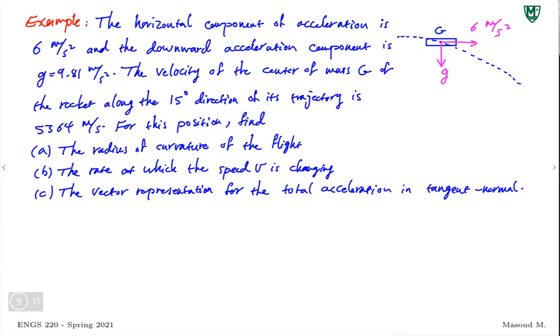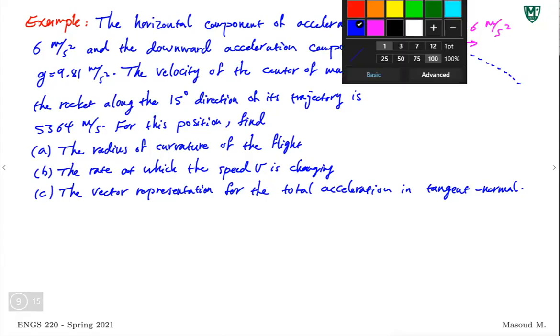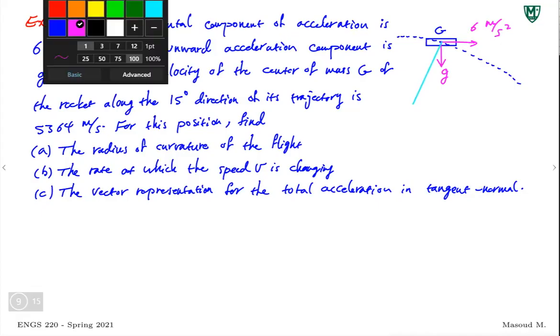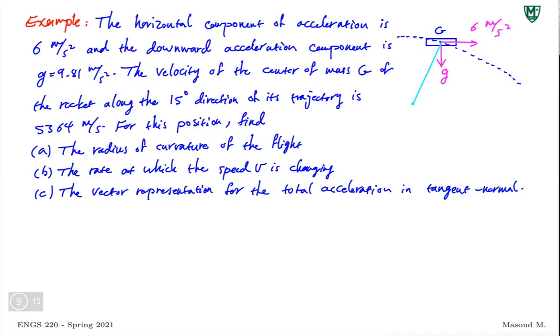Now also you're shown that this is the path, so this is the center of this path, this as O, and this is your radius of curvature, rho.